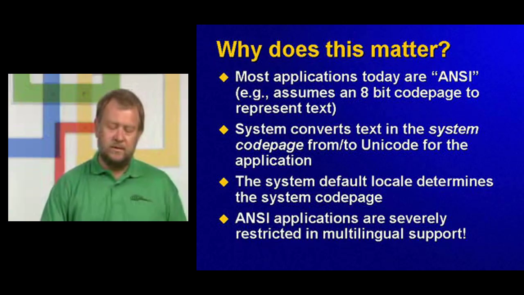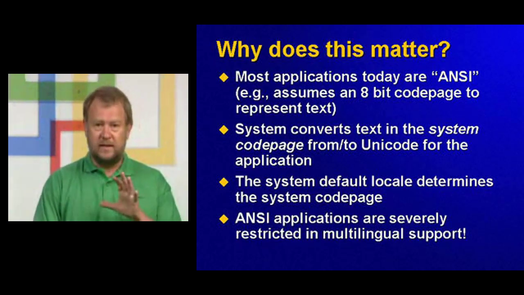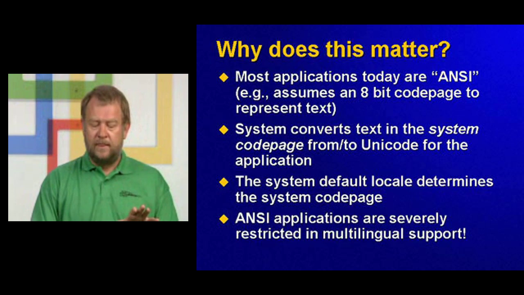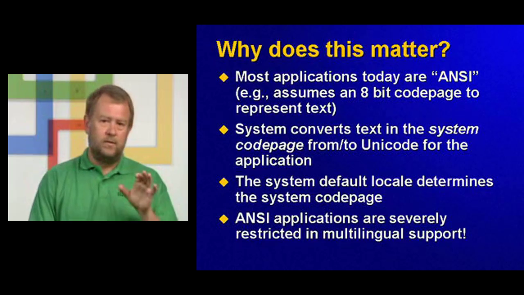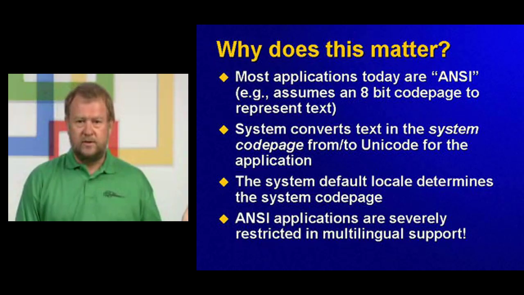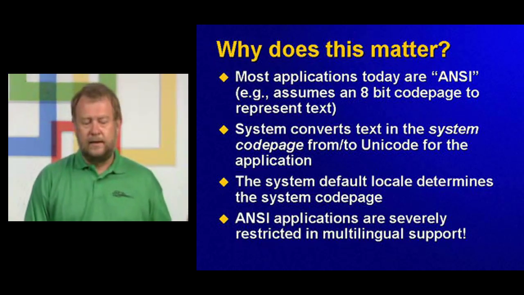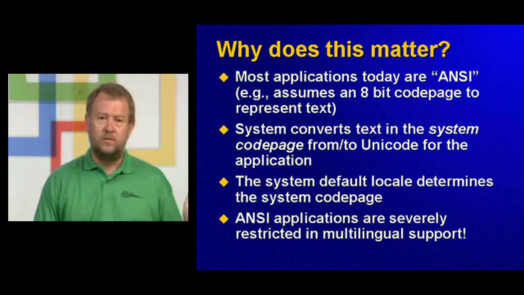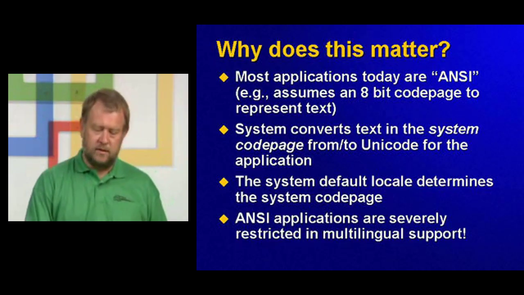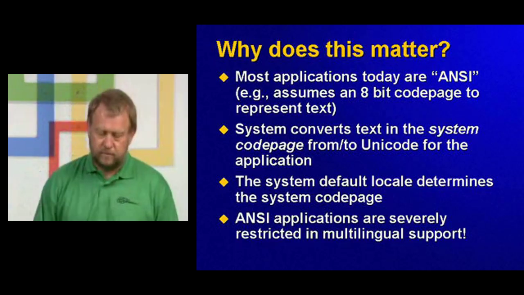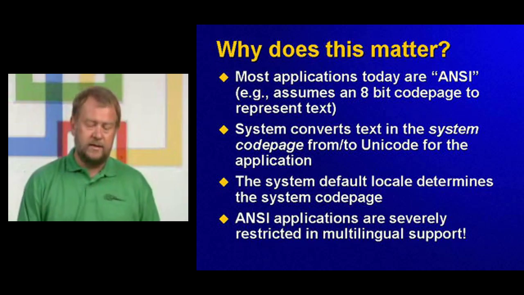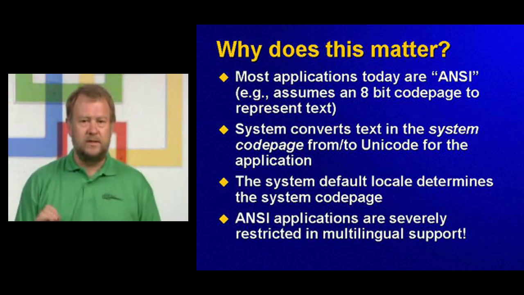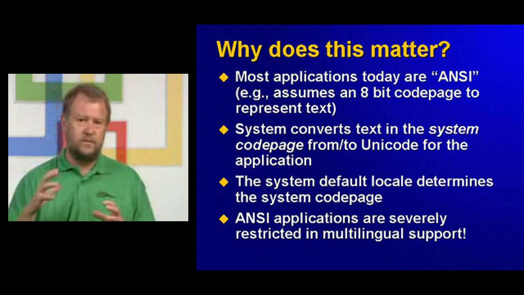Okay. The system default locale that we talked about earlier, the fact that it emulates, its ANSI emulation mode, determines what the system code page is. Now what this means is that if you're running Windows 2000 and you're running, say, French Windows 2000, and you set the system code page to Japanese, then an ANSI application will think that it's running on Japanese Windows 98. That's what the system default locale actually signifies. But it also means that it's very difficult to make an ANSI application that's multilingual beyond some very small set of languages.